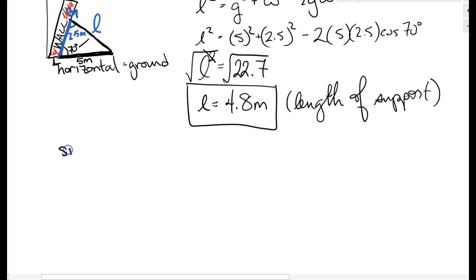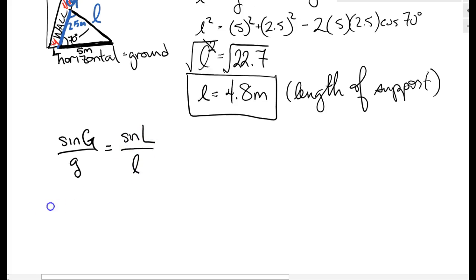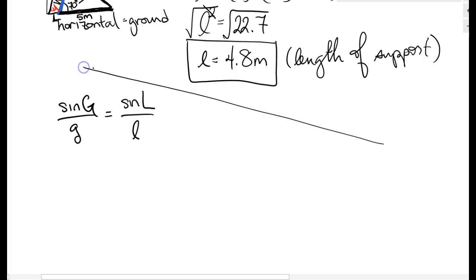So I want to solve for sine of G. So I'm going to compare with side G. And then my only complete ratio is L, so sine of angle L compared to side length L. Okay, plug and chug, sine G over 5 meters gives me sine of 70 degrees divided by 4.8, multiply by 5.